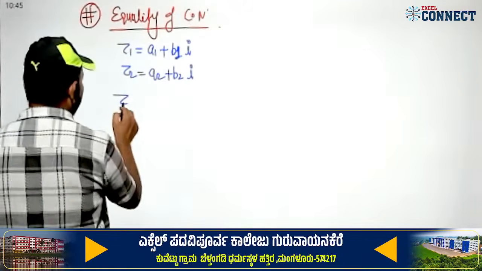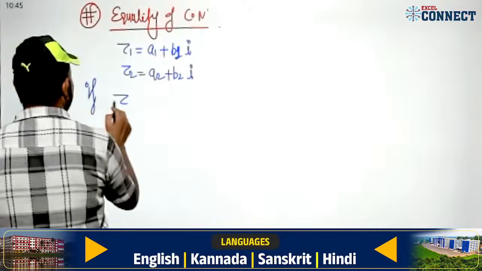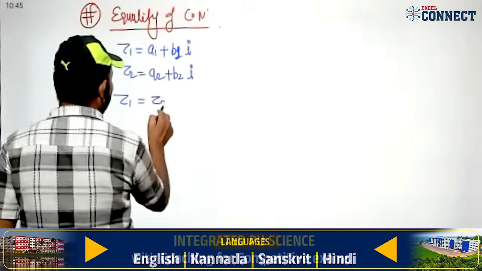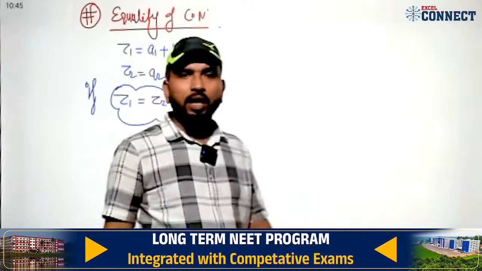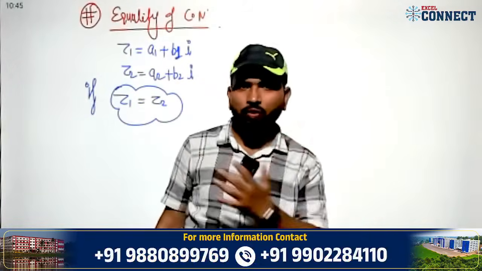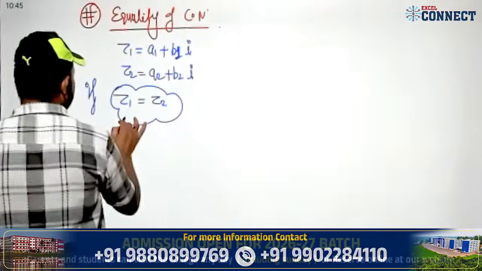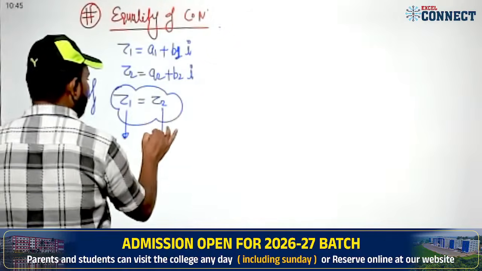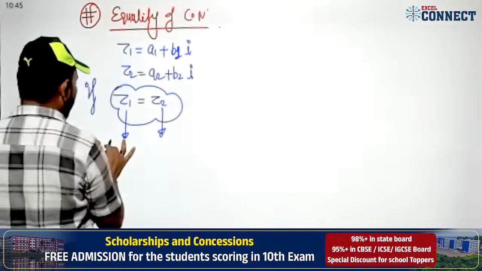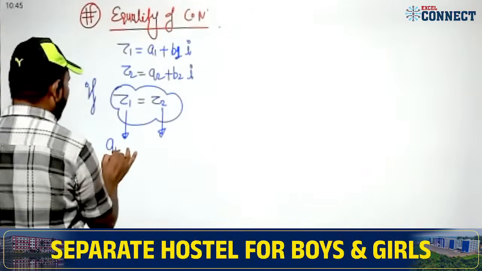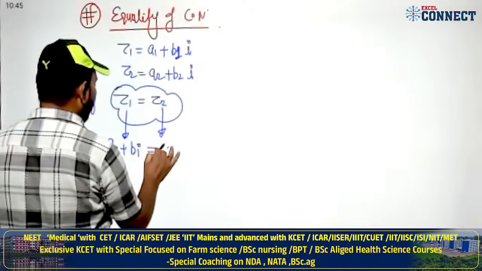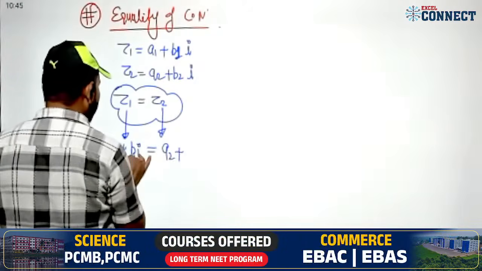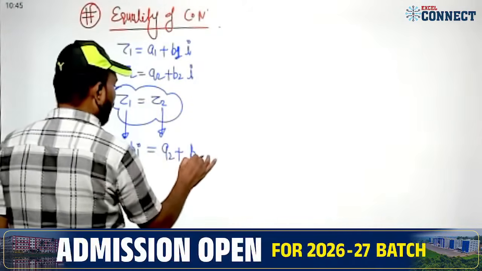If Z1 is equal to Z2, Z1 and Z2 are complex numbers and they are equal, so what we will do, Z1 this, Z2 this, equal, put here. A1 plus B1 iota is equal to A2 plus B2 iota.